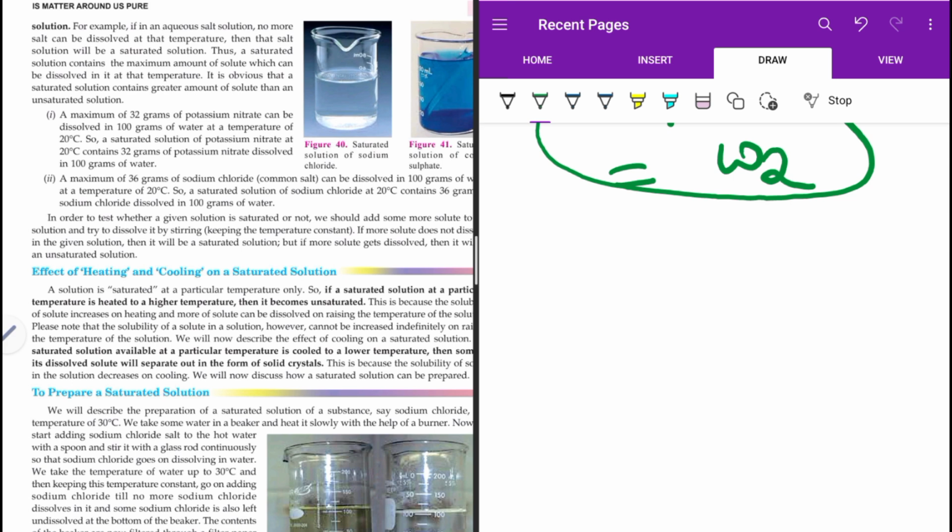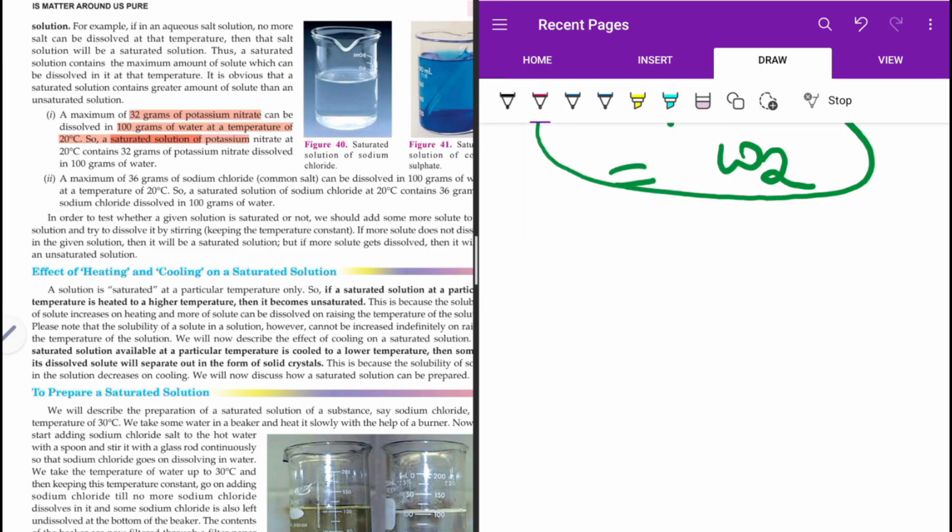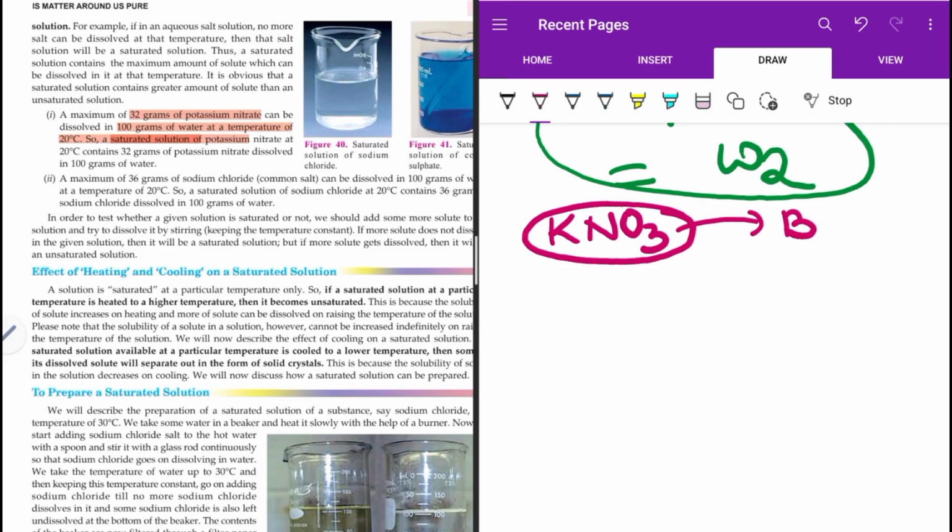A maximum of 32 gram of potassium nitrate can be dissolved in 100 gram of water at a temperature of 20 degrees Celsius. Let us see these conditions once. Potassium nitrate, you know, is KNO3. They are telling that potassium nitrate is your solute.